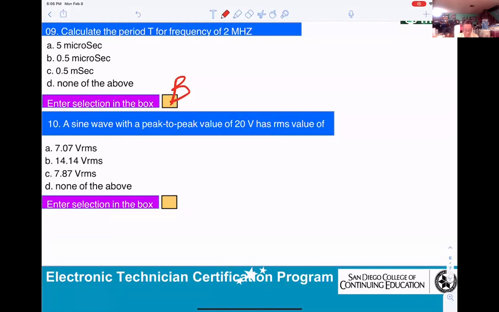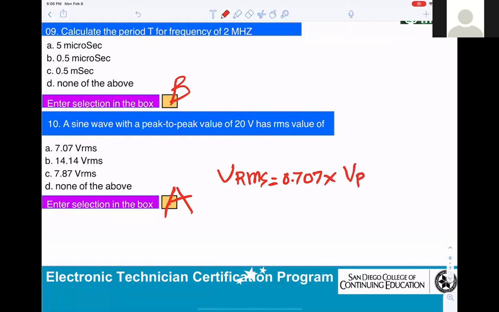Okay, last one. The answer will be A. You understand the V RMS equals 0.707 times, right? We pick, and they give peak to peak, 20 volts.